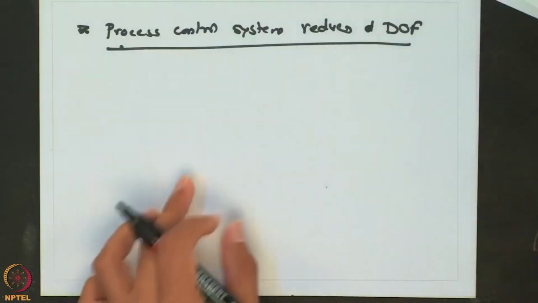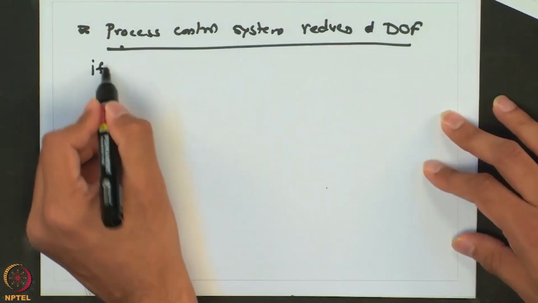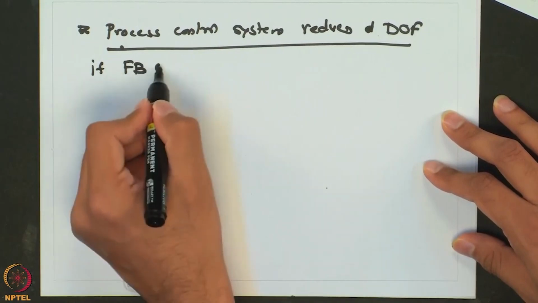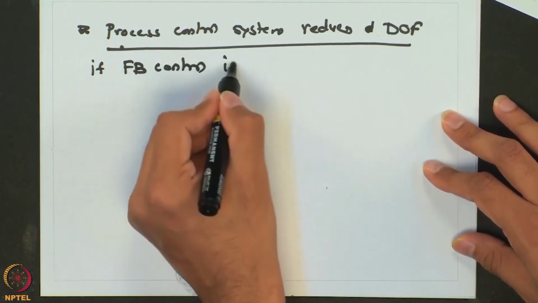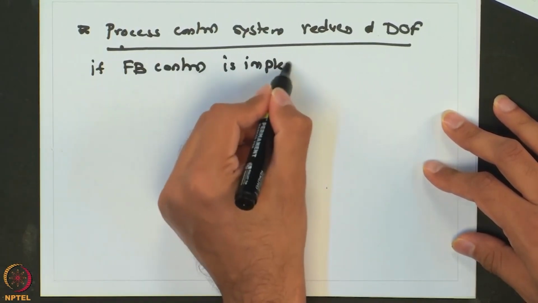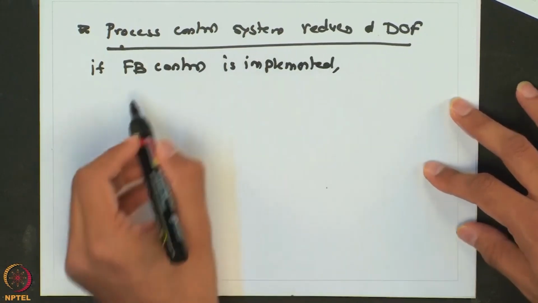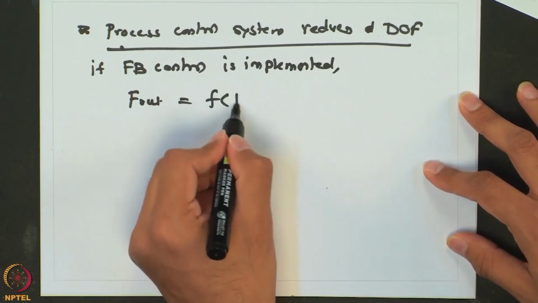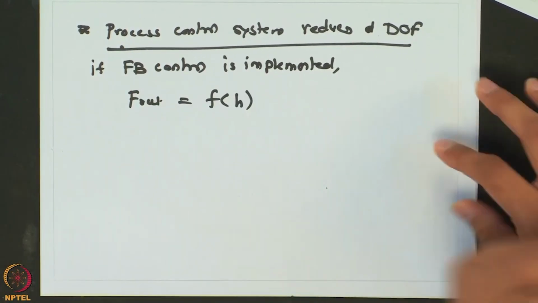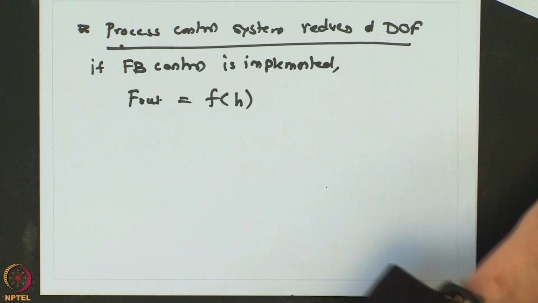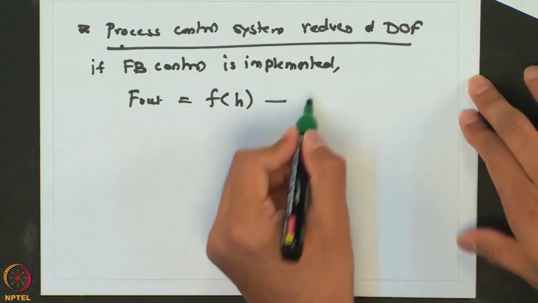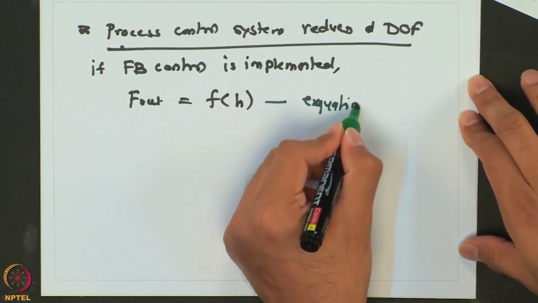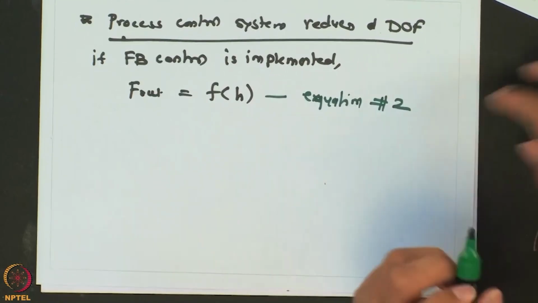So, if we have implemented a feedback control system, then your output will be a function of height. So, this is your equation number 2.